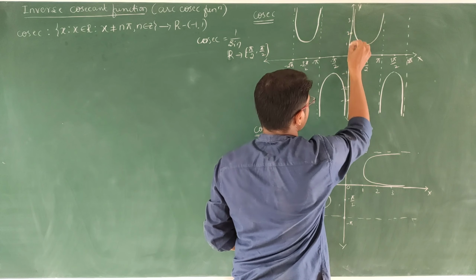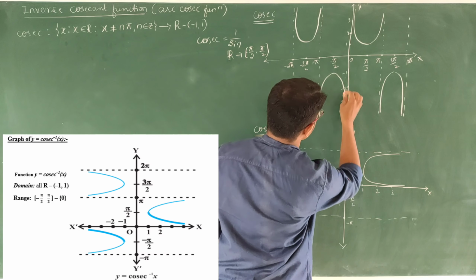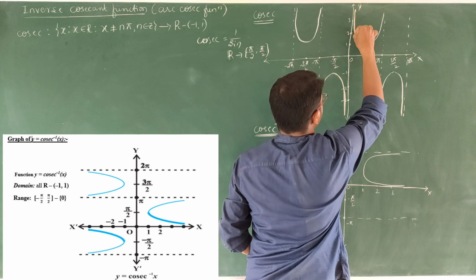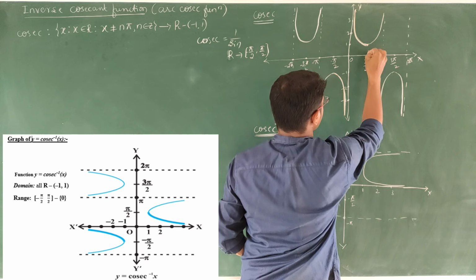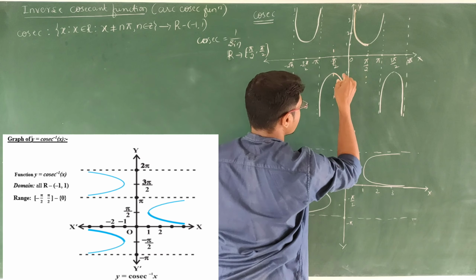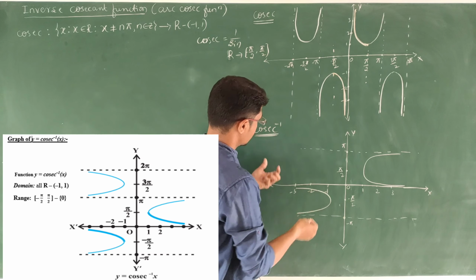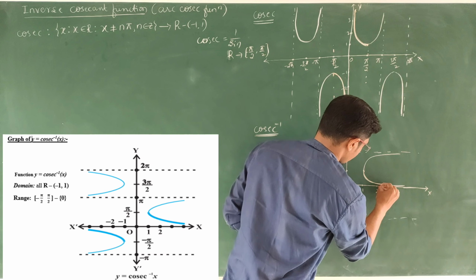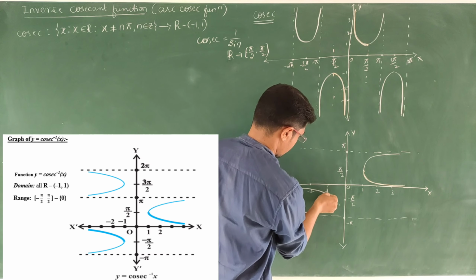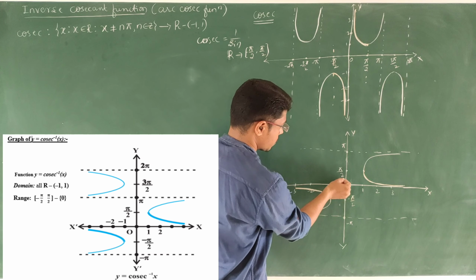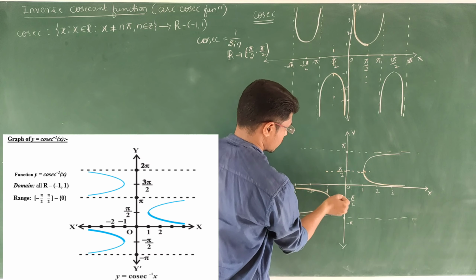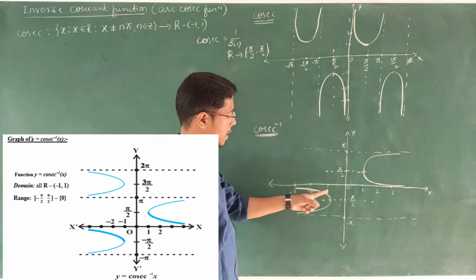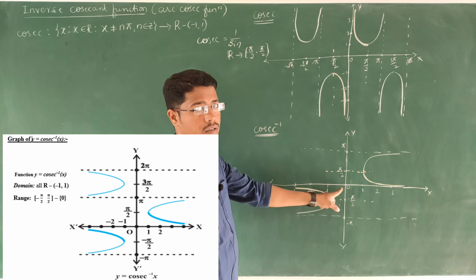So because it doesn't touch the 0 line, in this region from minus pi by 2 to pi by 2, cosec will become invertible. See the graph of cosec inverse, from minus pi by 2 to pi by 2, excluding 0.